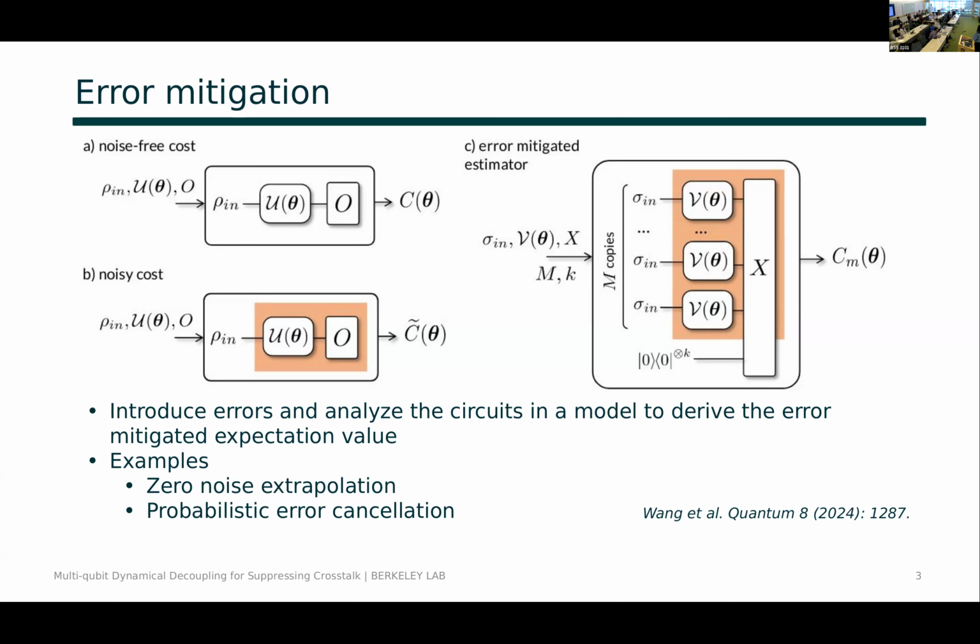Basically, we prepare the circuit in different versions, measure them, and use some post-processing method to derive the error-mitigated expectation value. Some examples are zero noise extrapolation or probabilistic error cancellation. Also, error mitigation is done on the software side.